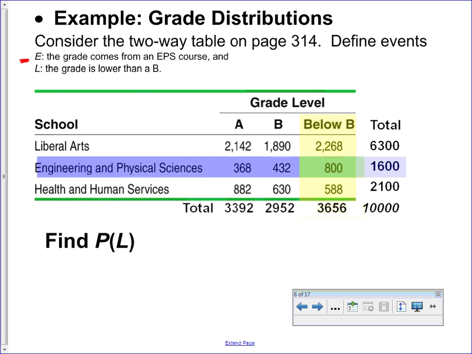The students at the University of New Harmony received 10,000 course grades last semester. The two-way table, shown here, breaks down these grades by which school of the university taught the course. The schools are liberal arts, engineering and physical sciences, and health and human services. It's based on a real university, but they simplified it for clarity because most universities have more than 3 schools, and it gets a little messy.